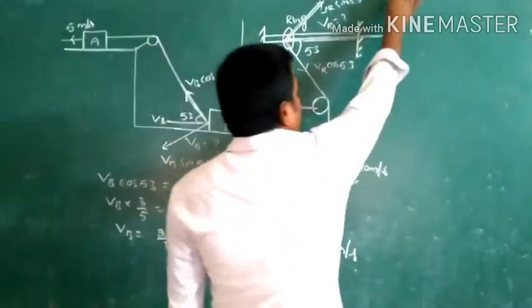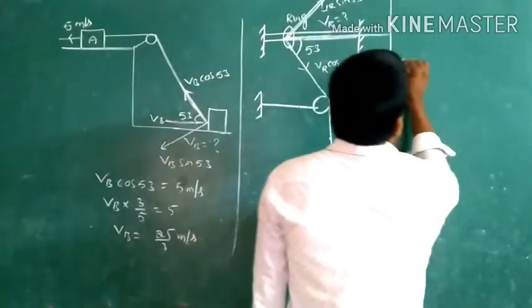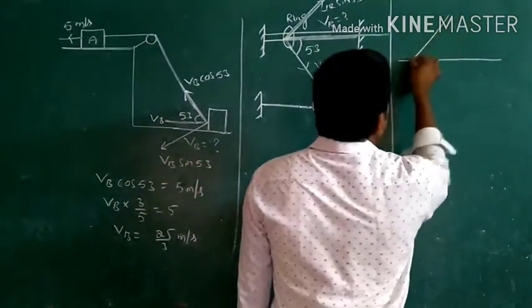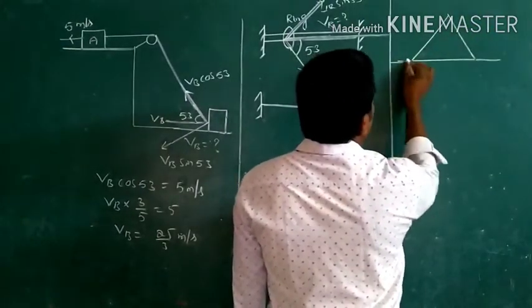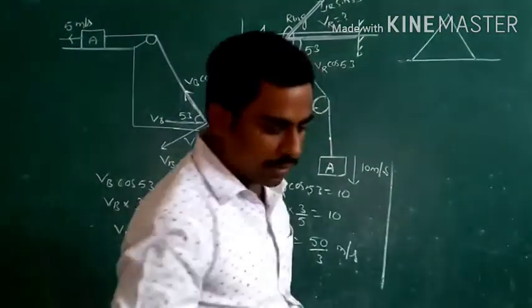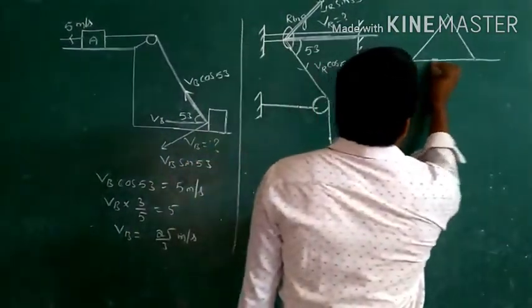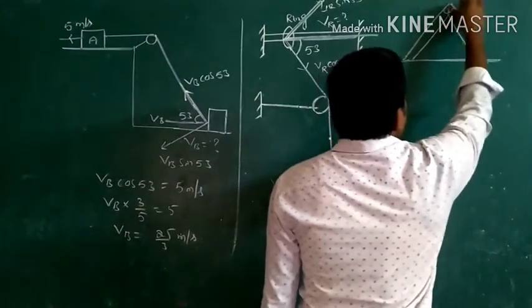Let us see one more example. Let us assume this is one type of arrangement. This is the pulley, and over the pulley there is one body here and one body here.